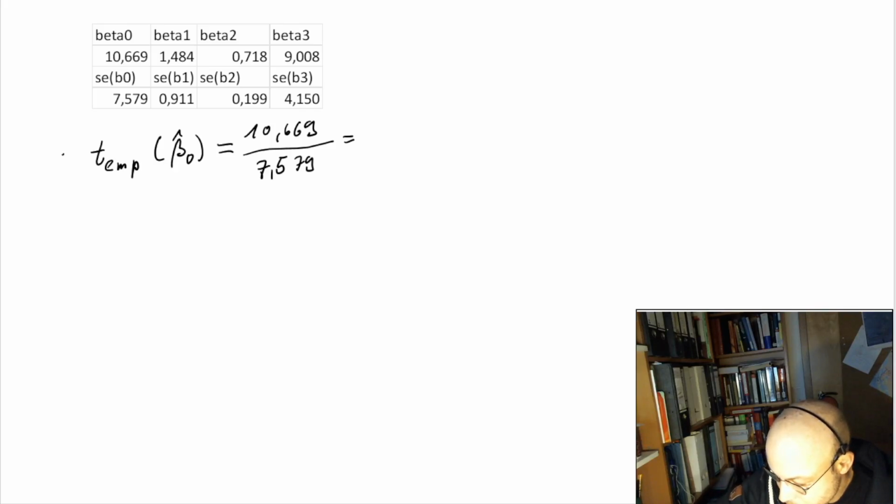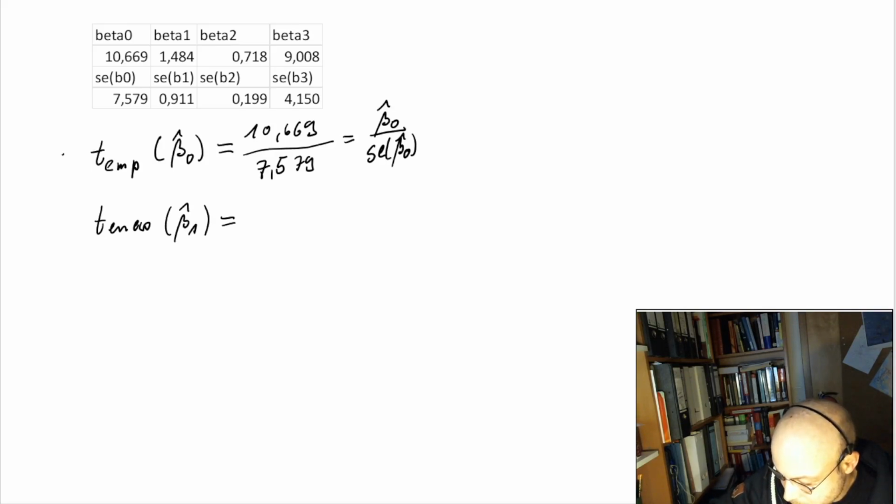So beta hat 0 over standard error of beta hat 0, and T amp of beta hat 1 is 1.484 over 0.99.